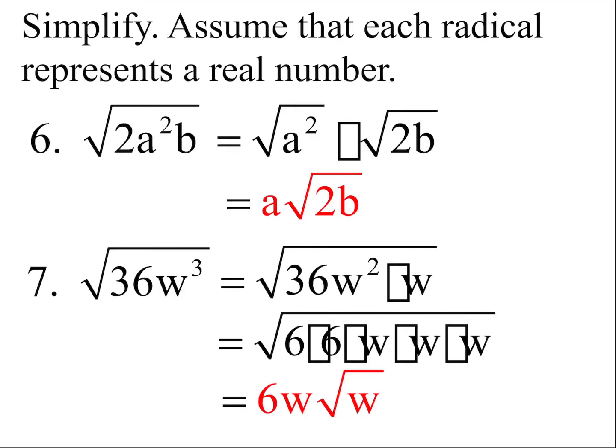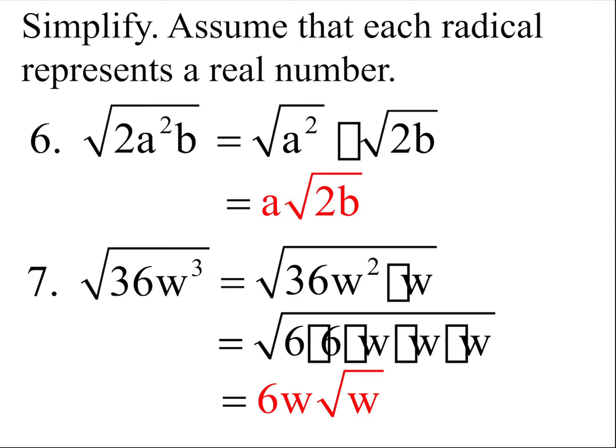Okay. So now if we assume that each radical represents a real number, this one's gonna be a bit tough for me to do because this is kind of chock full of errors here. And I'll explain that in just a second. All right, so I take the square root of 2a squared b, right? We don't know what the a and b values actually are, okay?